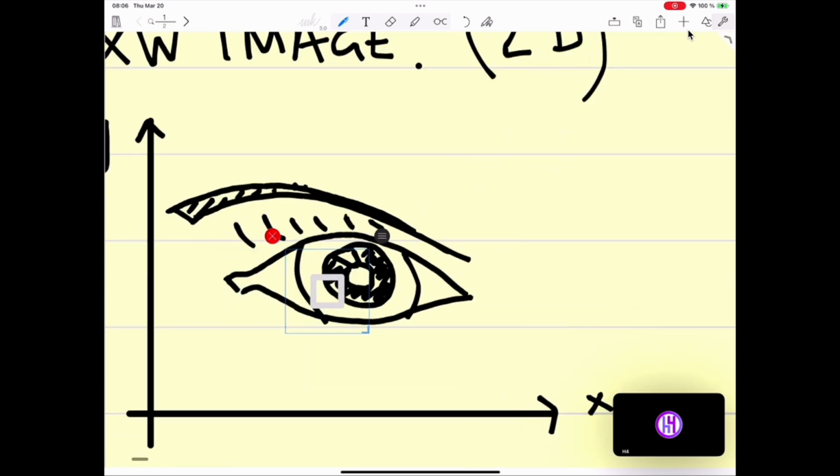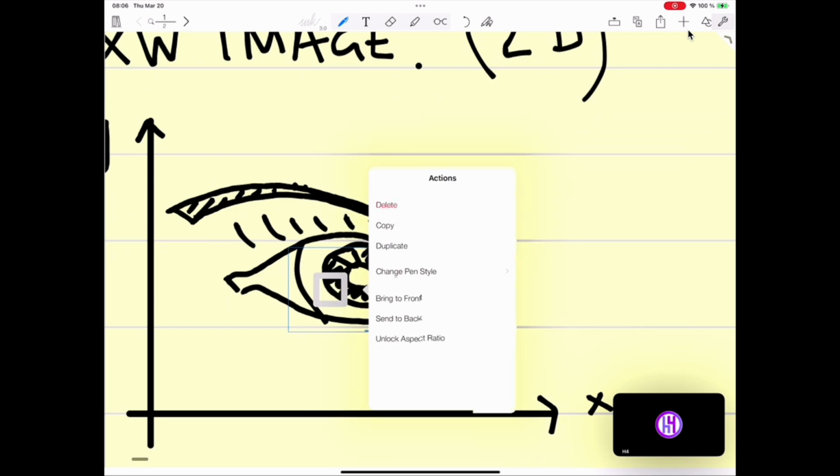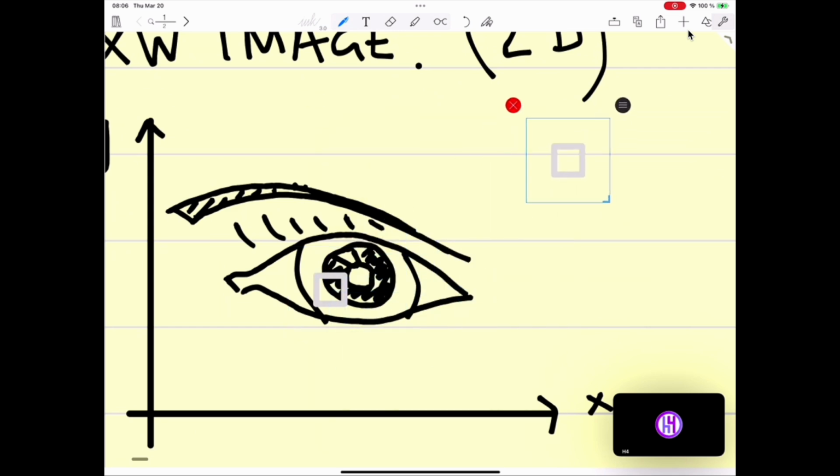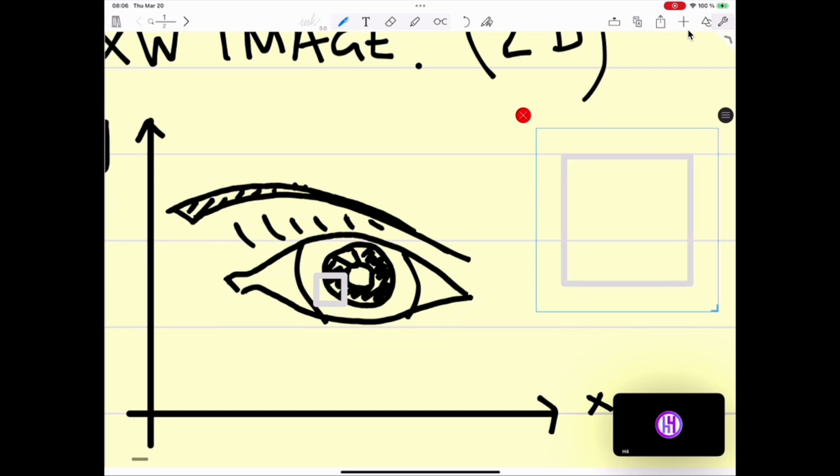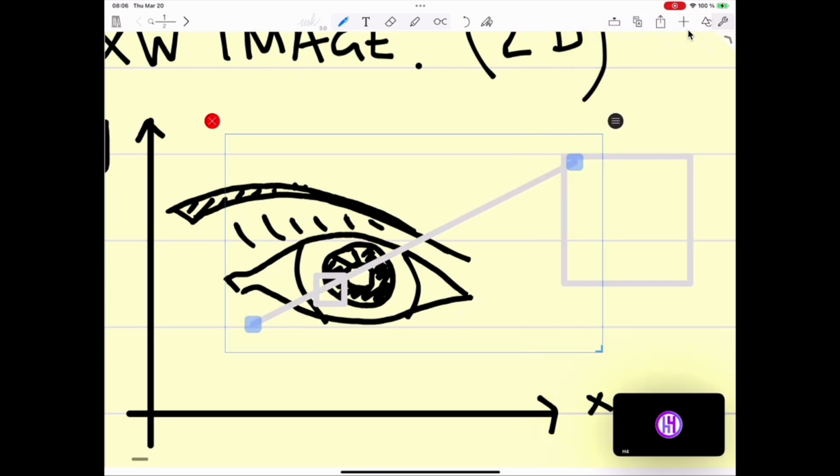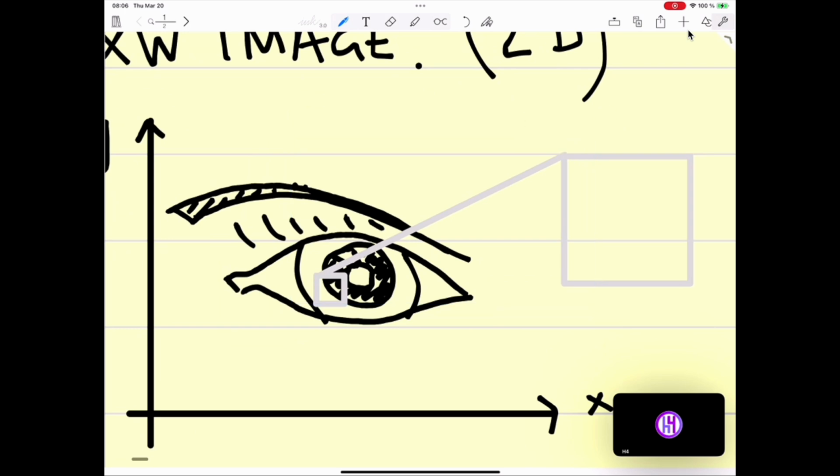Let's say we take this pixel, and if we make it bigger, we can recognize certain characteristics.